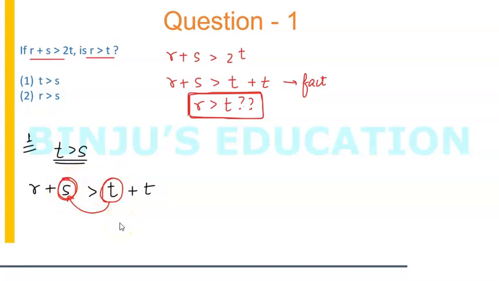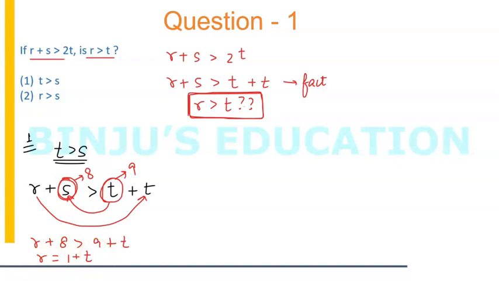If t is greater than s, can I say one thing for sure, that r has to be bigger than this t? For example, let's say s is some number 8 and t is some number 9, because t is greater than s. So r plus 8 is greater than 9 plus 9 effectively. Now I can rewrite this as r is greater than 1 plus t.